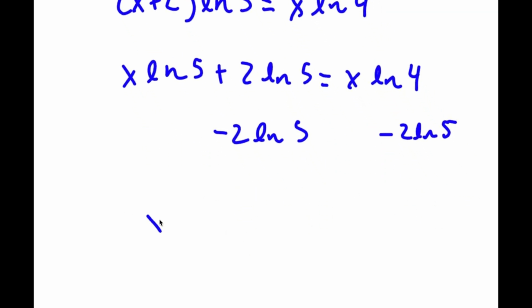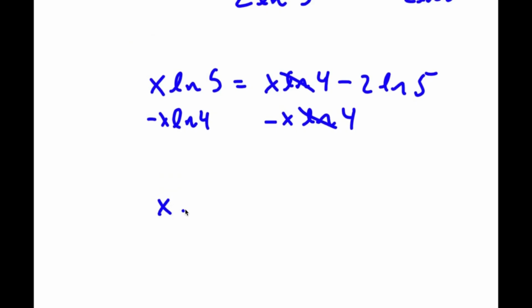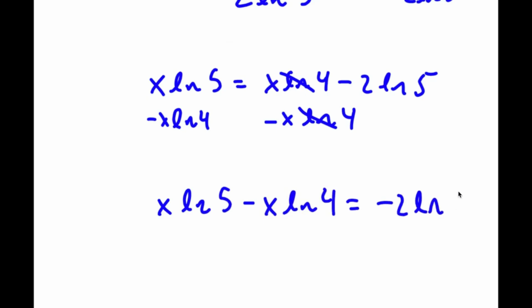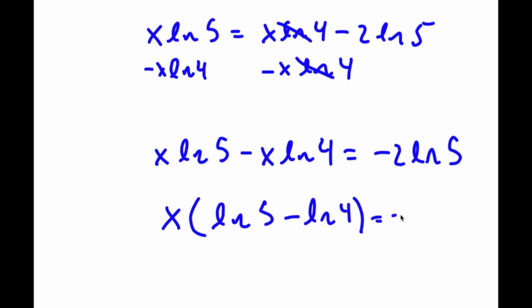So now I have x times ln 5 is equal to x times ln 4 minus 2 times ln 5. Now if I subtract x times ln 4 on both sides, these two cancel out and I'll be left with x times ln 5 minus x times ln 4 is equal to negative 2 times ln 5. Now if I factor out x from here, I get x times ln 5 minus ln 4 is equal to negative 2 times ln 5.